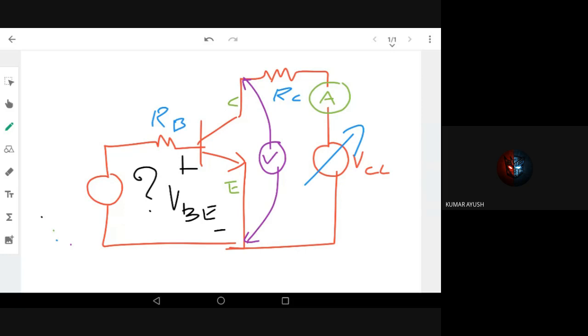So we have to keep VB more than 0.7, so that some IB is there. For example, I'm setting IB equal to 10 microampere, so that we can plot different VCE and IC characteristics.